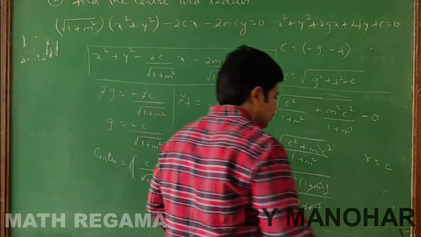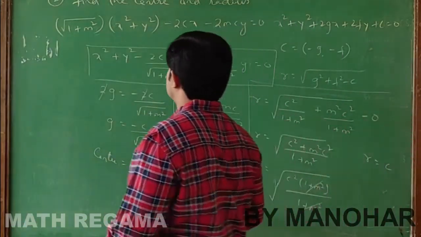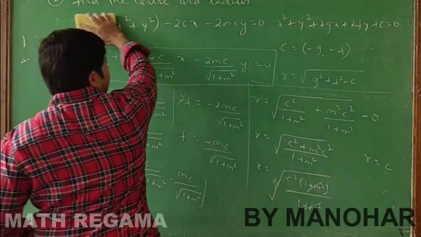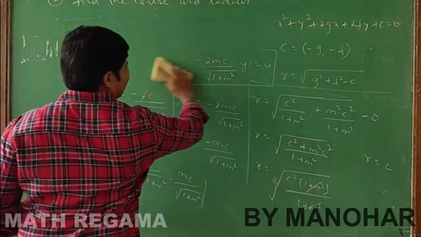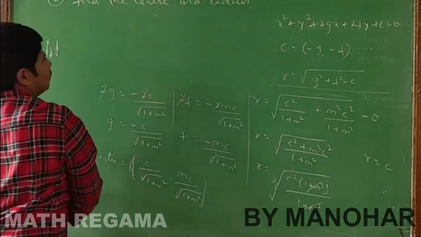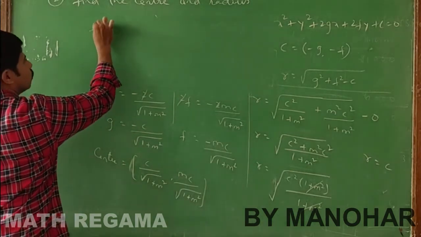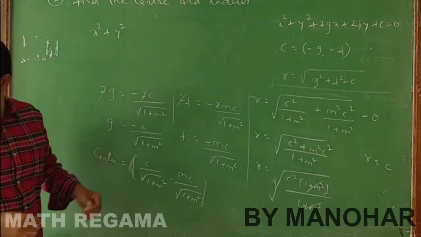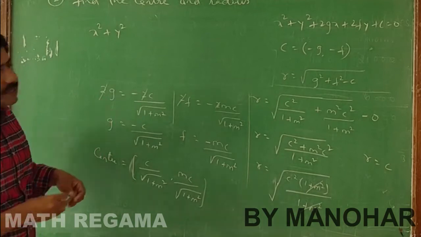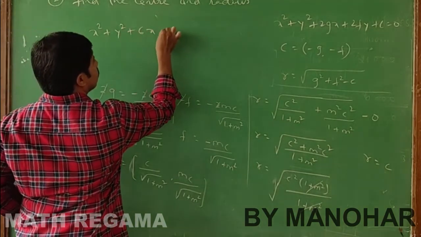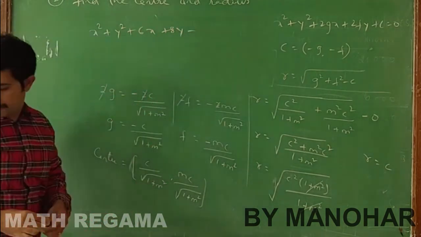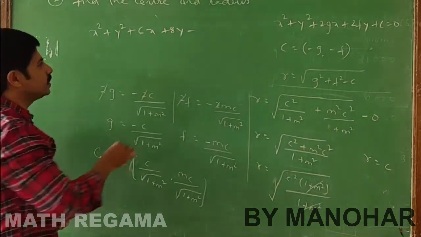Right. Now similar problems you try and write. Just do these problems after completing these two. Just do these two: x square plus y square plus 6x plus 8y minus 96 is equal to 0.